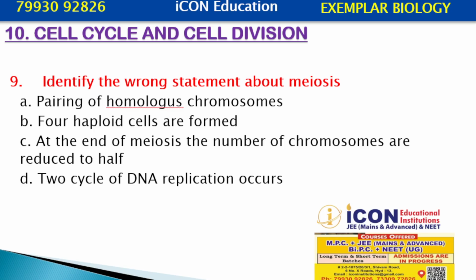This is also a correct statement. 2 cycles of DNA replication occur. This is a wrong statement, because meiosis is completed in 2 stages, meiosis-I and meiosis-II, but DNA replication occurs only once. It does not occur twice. So DNA replication occurs only once, before meiosis-I.